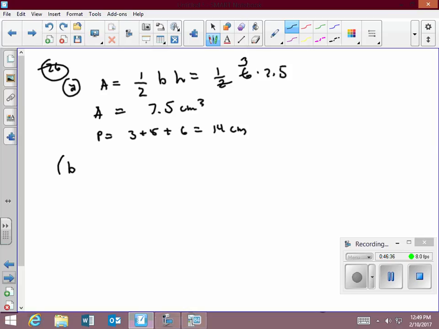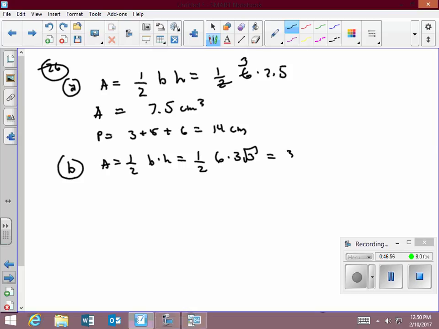And the B, the area is 1/2 the base times the height again. So it's 1/2, the base is 6, and the height is going to be 3 square root of 3.